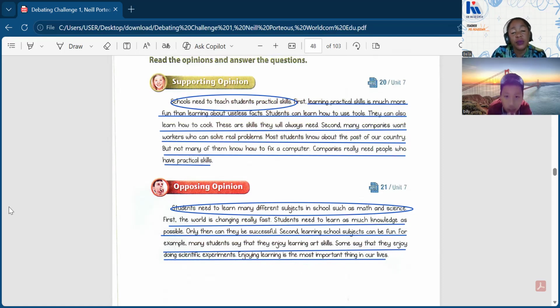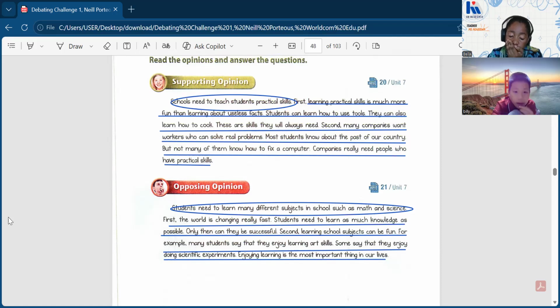Learning practical skills is much more fun than learning. First, students can learn how to cook. They can also learn how to fix a computer. A skill they will use to earn money. A worker who can serve.